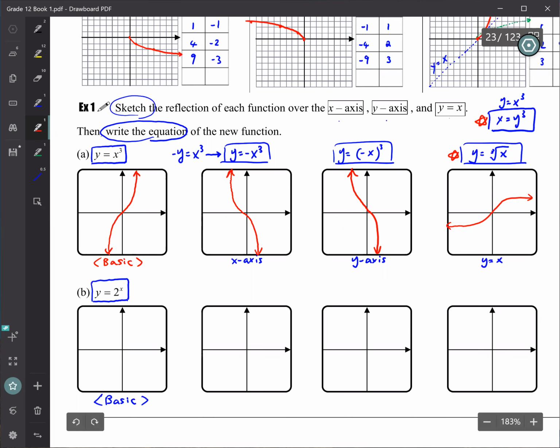The basic is already on the last page. This is the exponential graph. Raise your hand if you finish all the three graphs and equations.